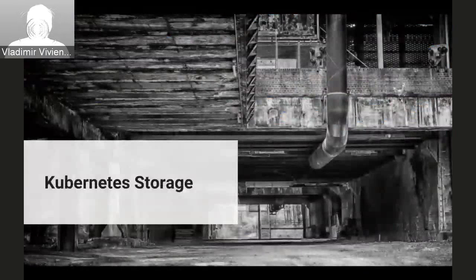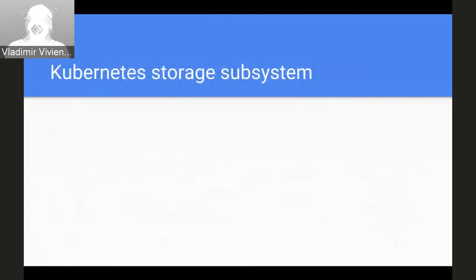So let's start with Kubernetes storage. The Kubernetes storage subsystem, as you probably already know if you've been using Kubernetes for a while, uses declarative primitives such as PV and PVCs to declare both available storage and storage consumption.